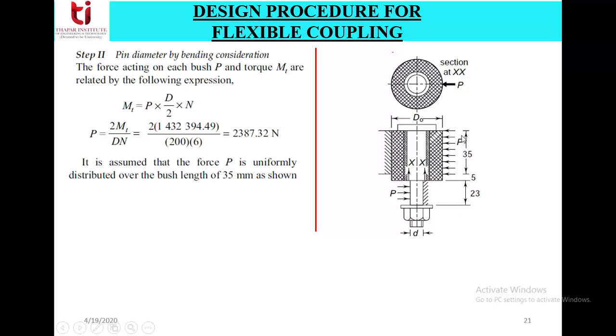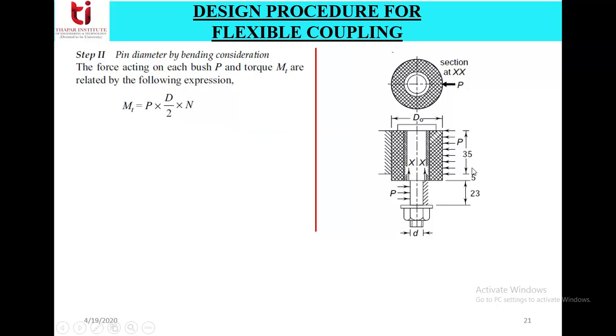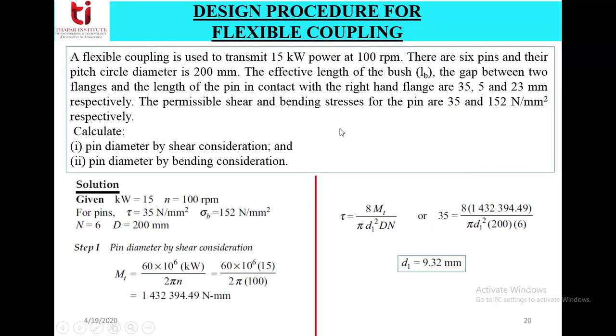This is the left flange, and this portion is the right flange. So these are the gaps. You can see the dimensions, we can go back and check. So the effective length of the bush is 35, the gap between the two flanges is 5, the length of pin in contact with the right hand flange is 23.